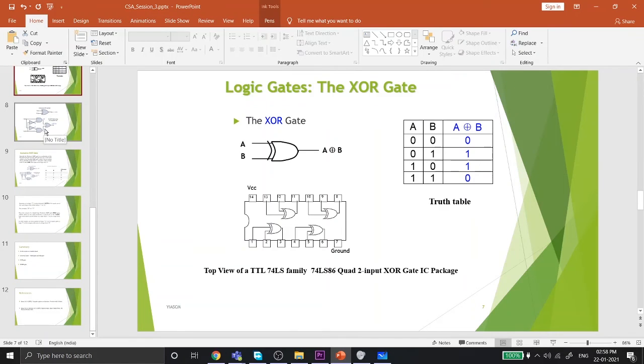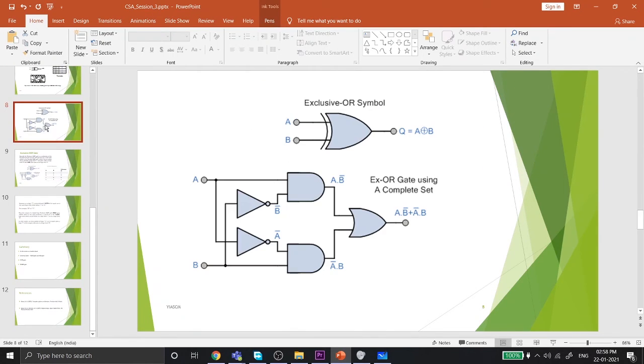Now things are going to get a little bit complicated. That is the construction of the exclusive OR gate. Using the complete set, NOT gate, AND gate, and OR gate, we have to construct an exclusive OR gate. And this is the diagram.